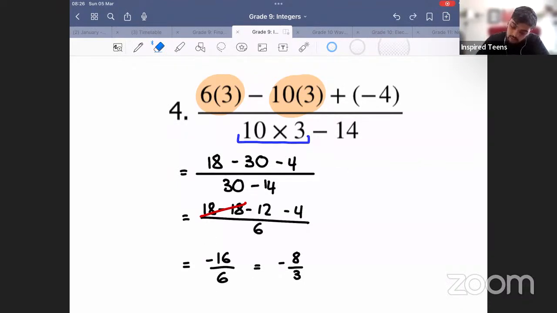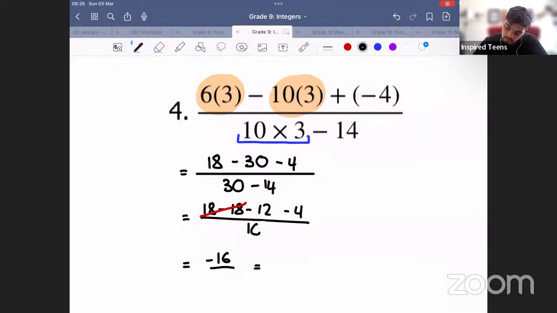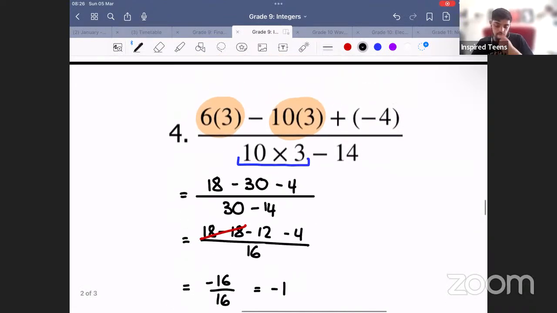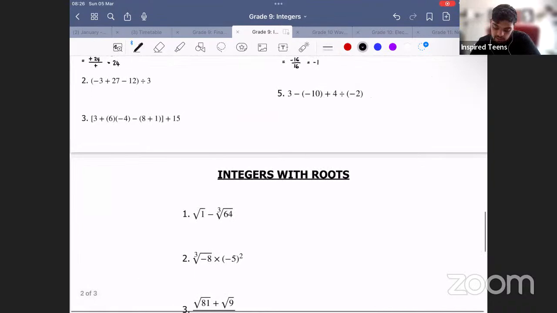Thank you for that. So the final answer here is negative 1. Okay, so those are a revision of basic integers.